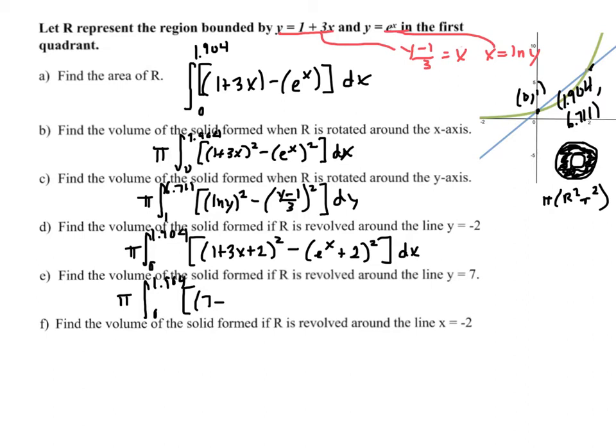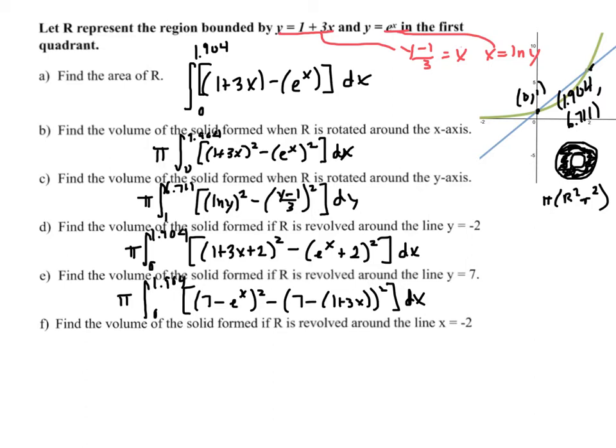Now, when we rotate around something above, again, what sets the outside radius is the function that's furthest away from the axis of rotation. In this case, that is e to the x. So there is my way of rotating around y equals 7.